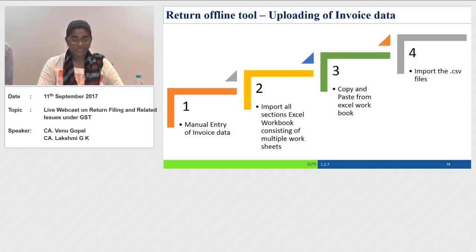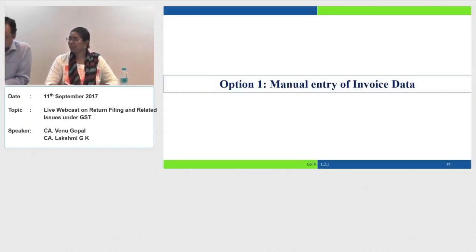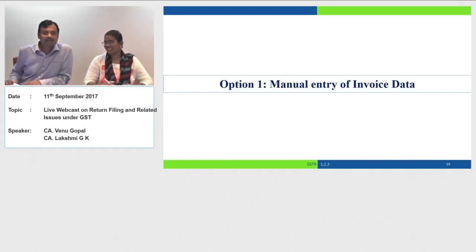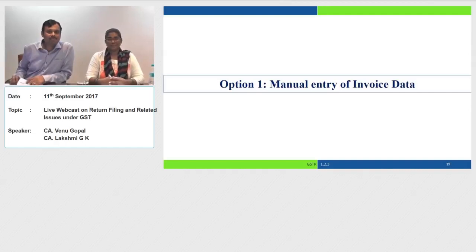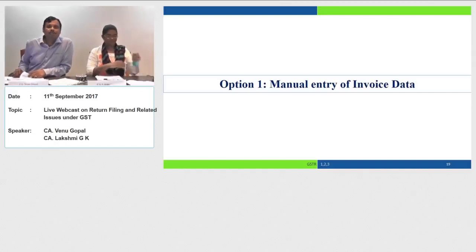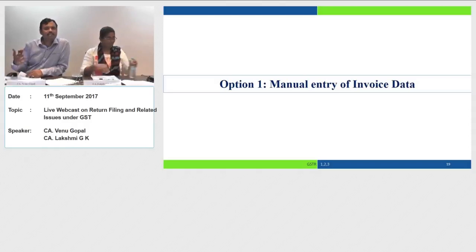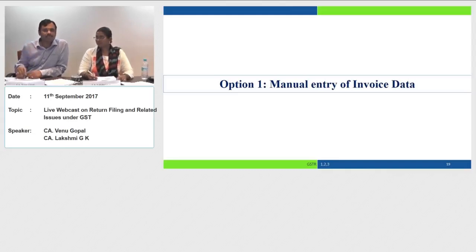I want to interrupt here. After GST, we've been hearing more about JSON, and for many of you it might be a new word which is coming up. What we have been familiar with is XML. Most of us, when we file the income tax return, are familiar with filing the returns using XML, so data gets generated into an XML format that gets uploaded to the department utility.